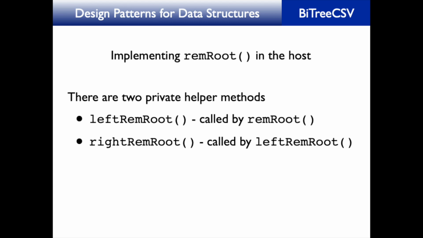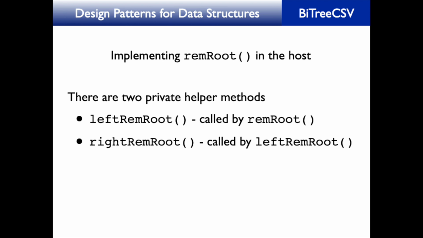So left remroot and right remroot are 2 private helper methods whose sole purpose is to implement remroot. The calling sequence is as follows. Remroot calls left remroot, and then left remroot in turn calls right remroot.